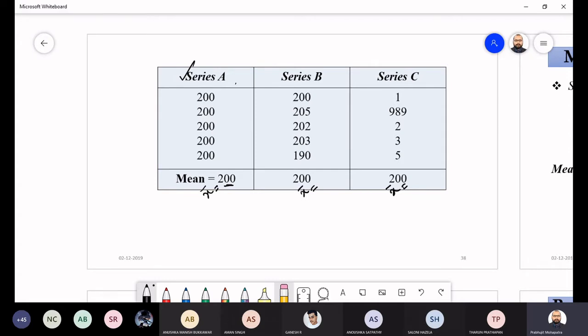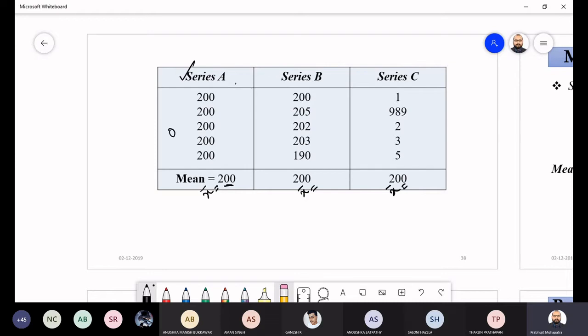Mean is nothing but the average value, and average means the expected value. When you say the class average is 30, it means almost everyone's mark is close to 30. So here the class average is 200 and everyone has 200. How much is the deviation here? Series A: 0 deviation.